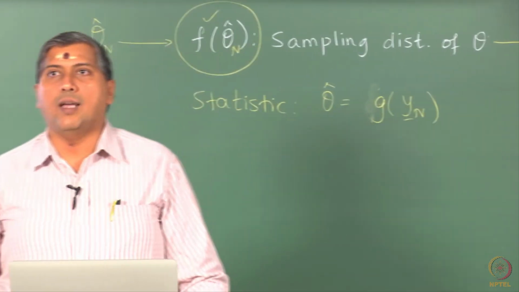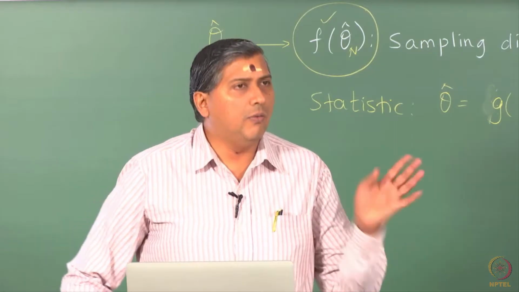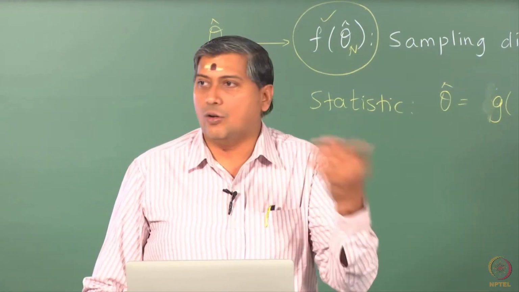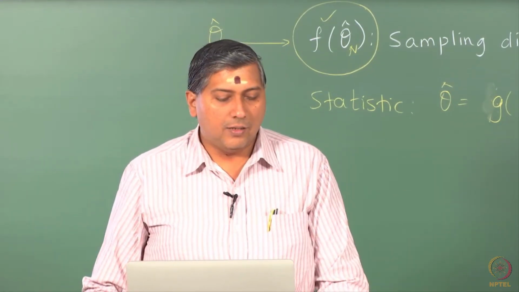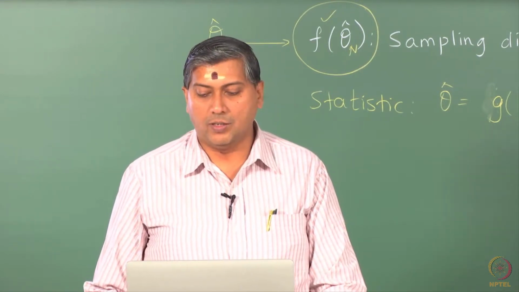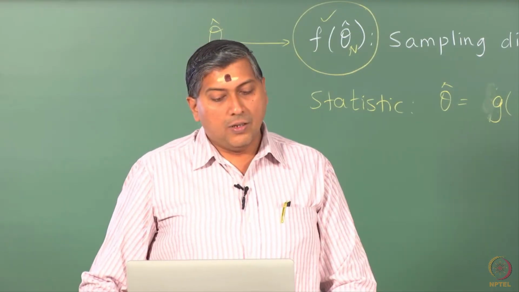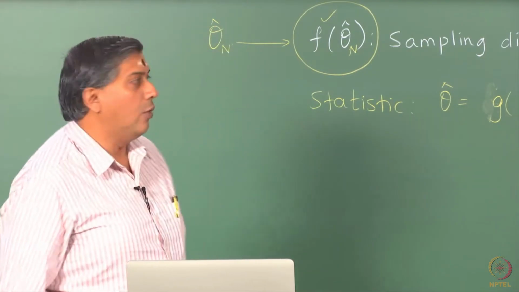So, we know that the sample mean follows a Gaussian distribution, well, for the large sample case, regardless of the distribution of the observations, the joint distribution of the observations, and let us assume that we are looking at a white noise process.